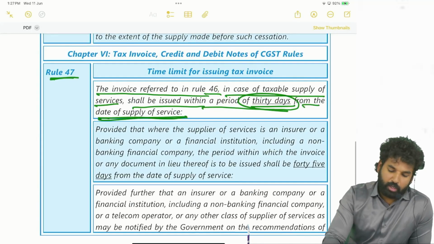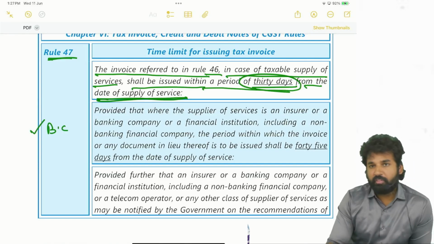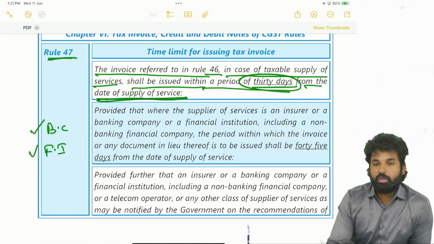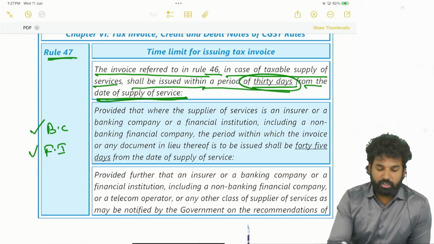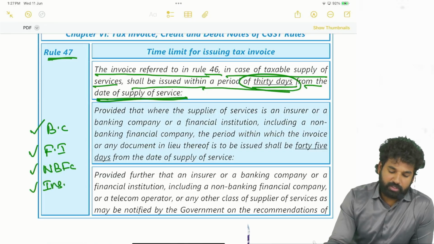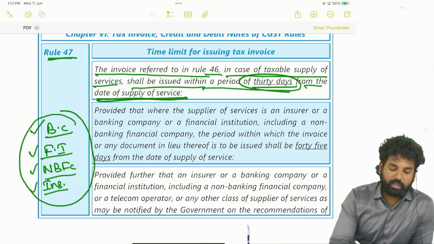Okay, correct. But whenever it is a case of a banking company, a bank, financial institutions, NBFCs, or insurance companies, the time limit is 45 days.